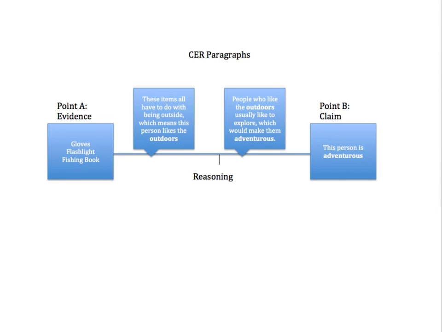Okay, so I would start off my paragraph with my claim. So I might say, person B is most likely adventurous.